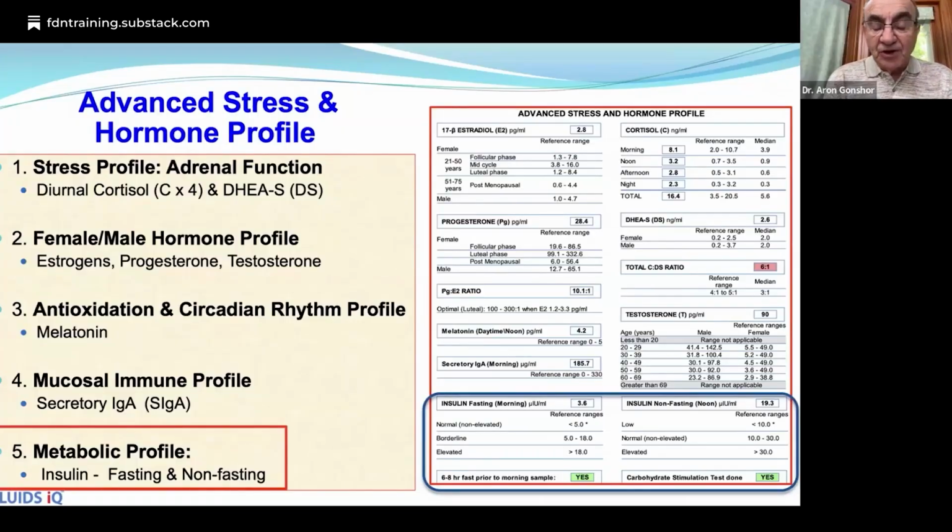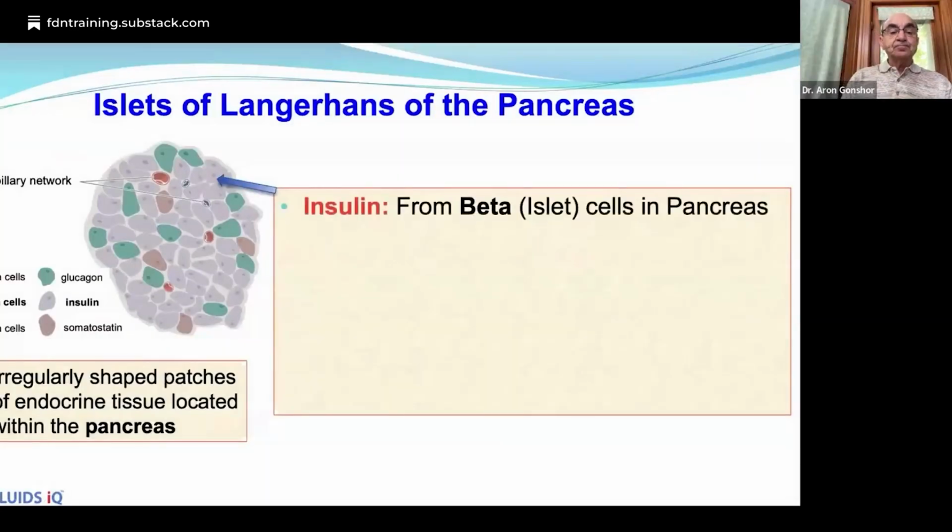In other words, secretory IgA, the immunoglobulin that makes its home in the mucosa of the intestine and other mucosal surfaces of the body. And today, we're going to be looking at the metabolic profile, as I said, insulin, fasting, and non-fasting. And you see this here at the bottom of a typical report.